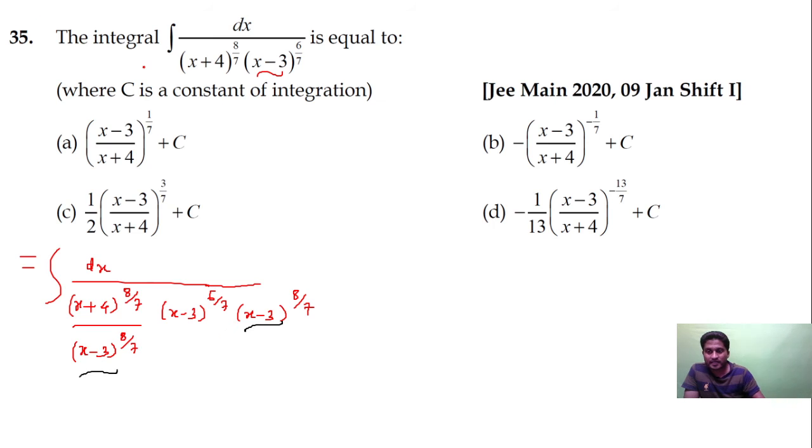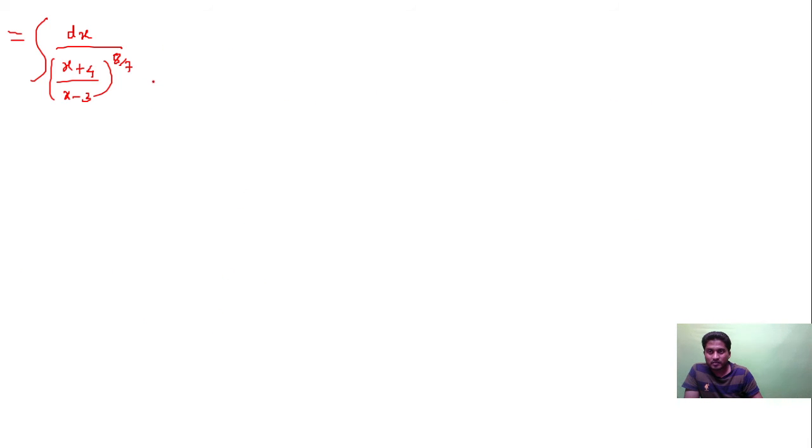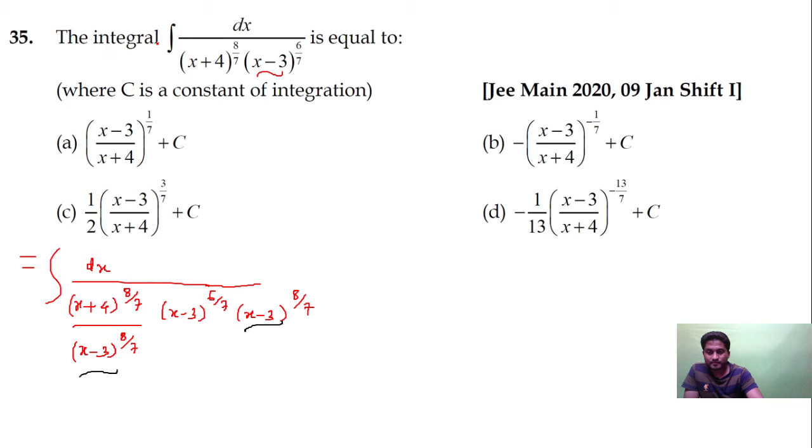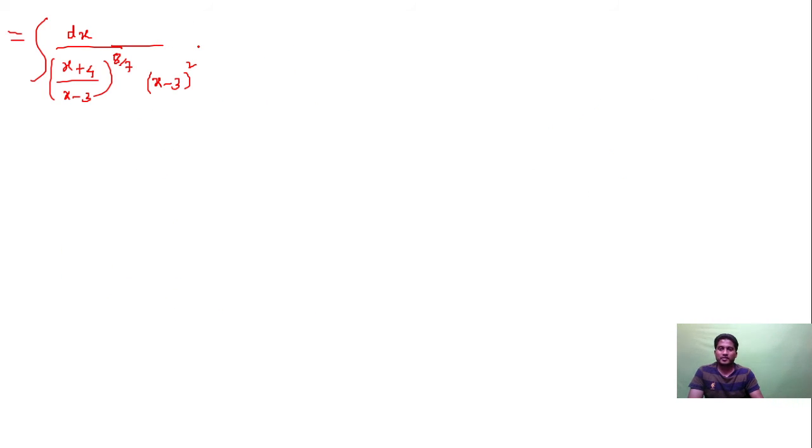Here powers are added: (x minus 3) into (x minus 3), 6 by 7 plus 8 by 7 will be 2 only, so it is (x minus 3) the whole square.